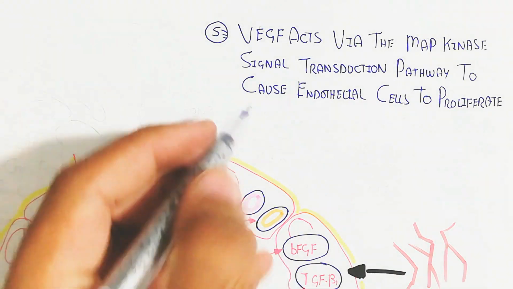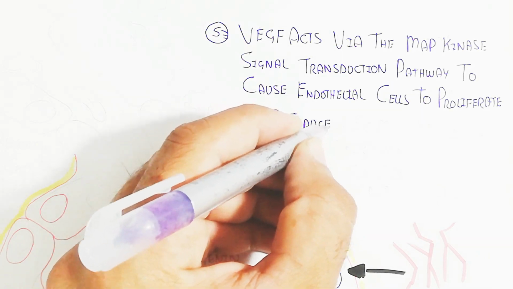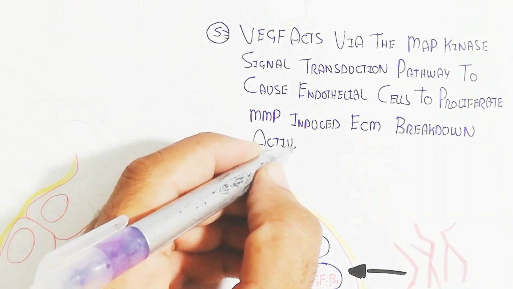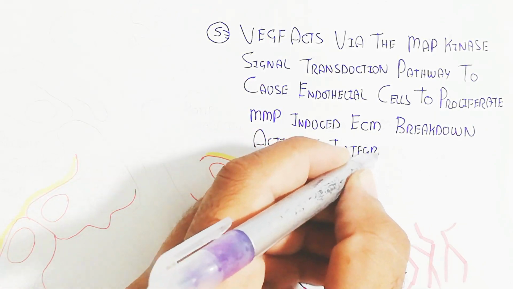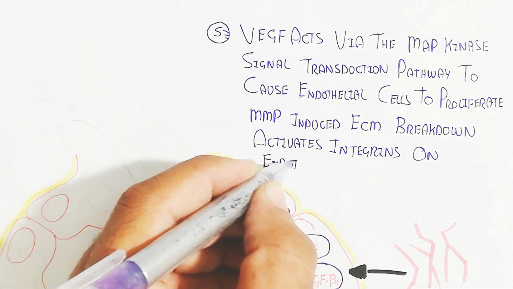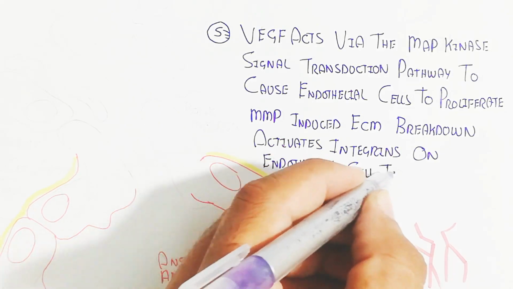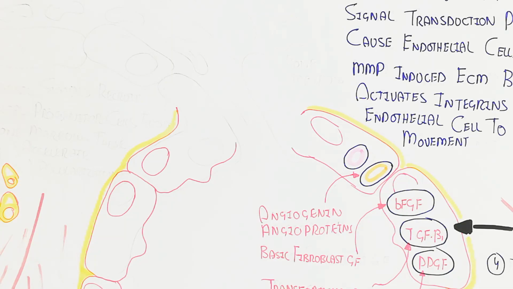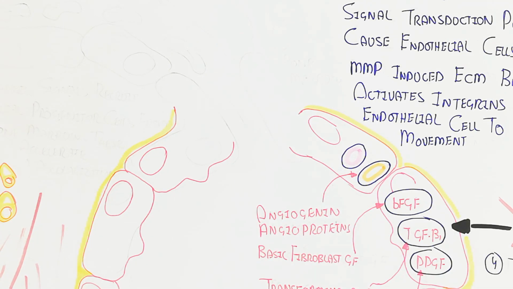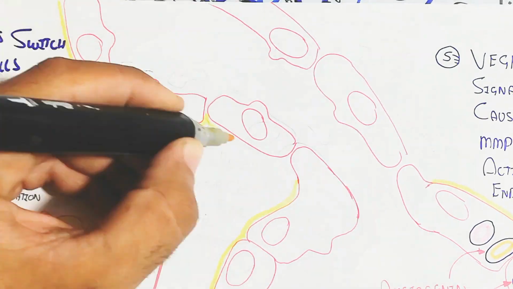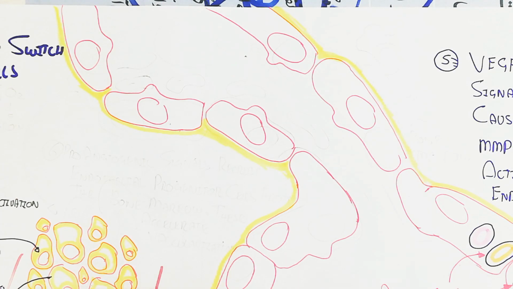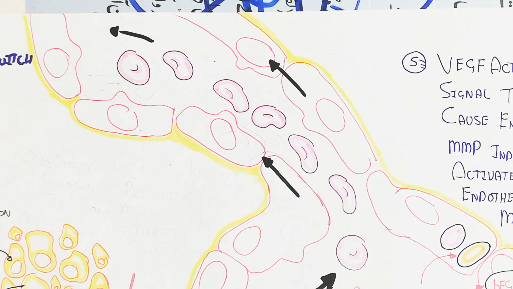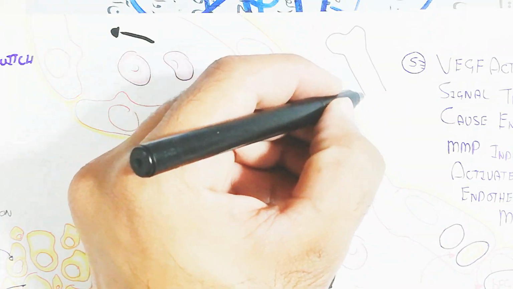MMP-induced extracellular matrix breakdown activates integrin on the endothelial cell to allow movement. In this way, the endothelial cell will move and open, and after opening will lead to an increase in endothelial cells provided from the bone marrow, from the stem cell to the fibroblast, and another thing will bind, leading to an increase in endothelial cells.